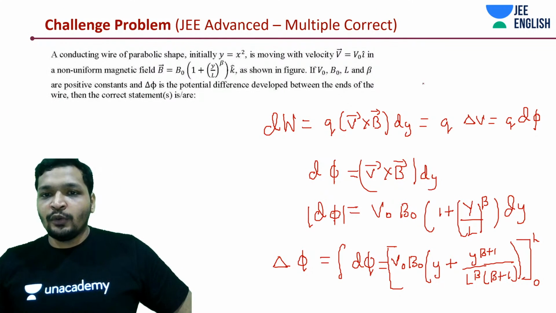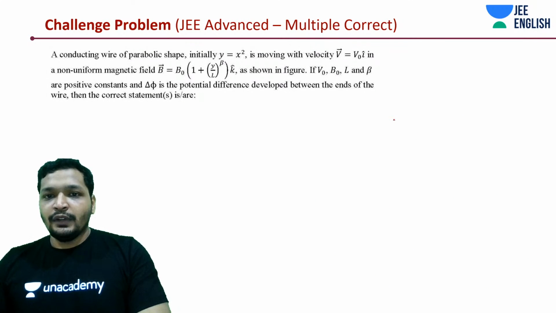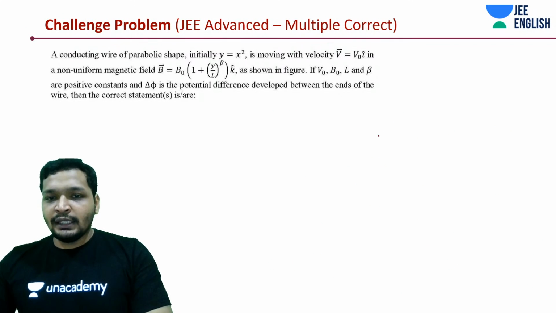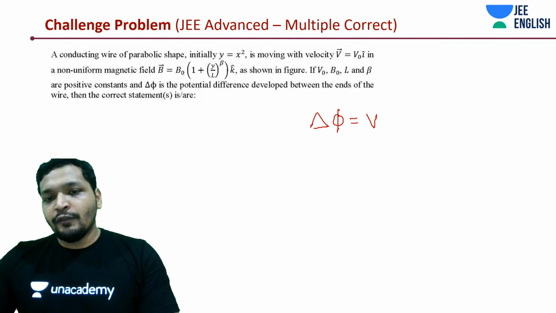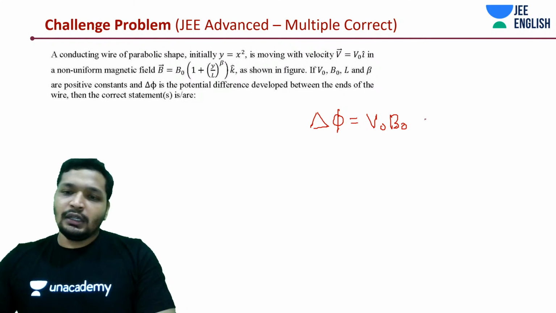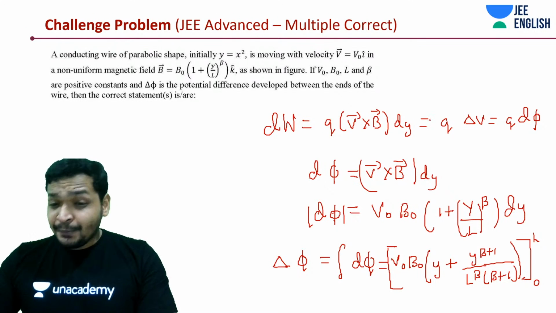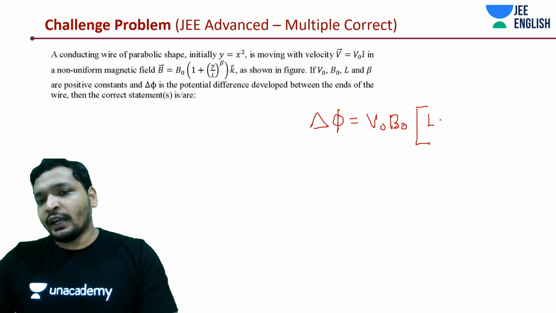Let me write it down over here, we have another page for this. So now we have something like this. Del phi's value is B naught. Substituting the value of L, just notice L minus 0. I'm not writing down the 0 part.